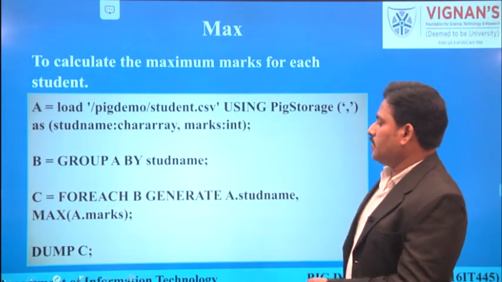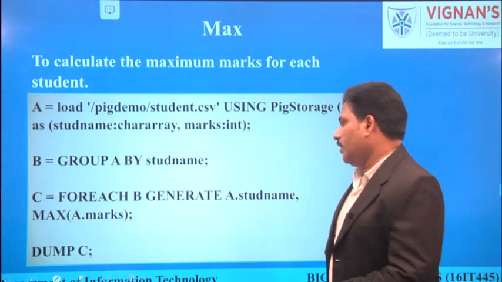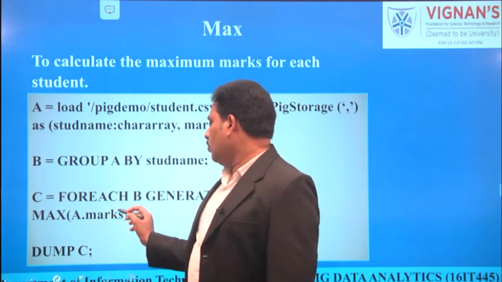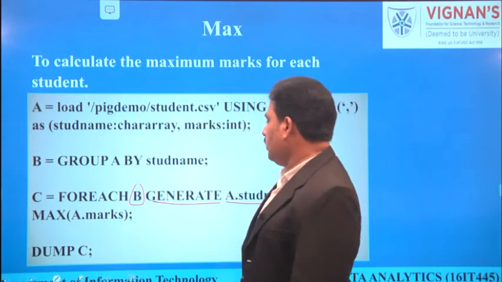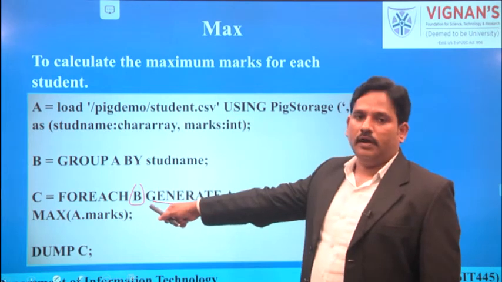Now in the same manner we can also calculate the maximum for each student. The same way: group A by student name. For each B, generate A dot student name, comma, max A dot marks.